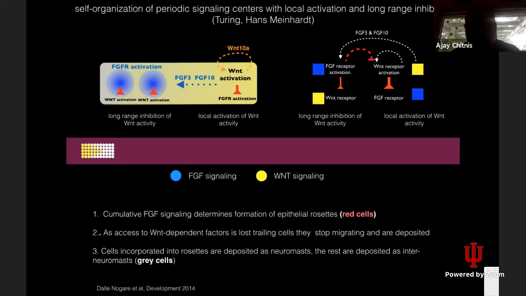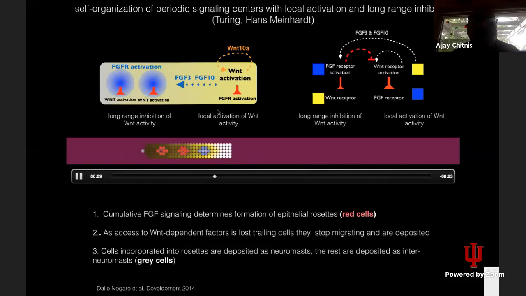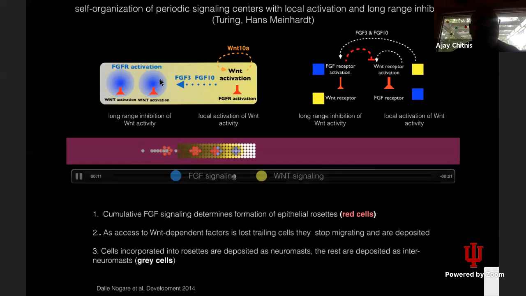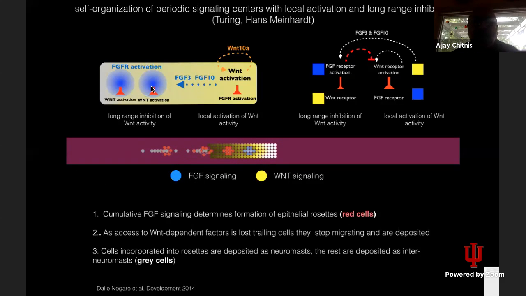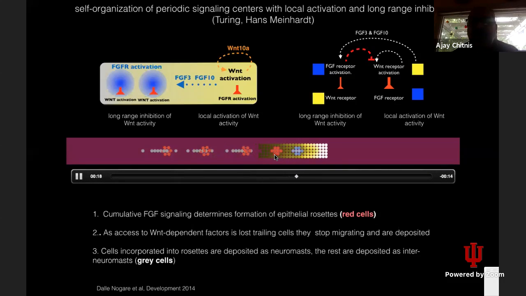I've worked with NetLogo, which is a much simpler language, and we had made this model to try to visualize how local activation of Wnt coupled with long-range inhibition of Wnt via FGF sets up this reaction diffusion system that can pattern the periodic formation of these little FGF signaling centers, which seed the formation of these rosettes.